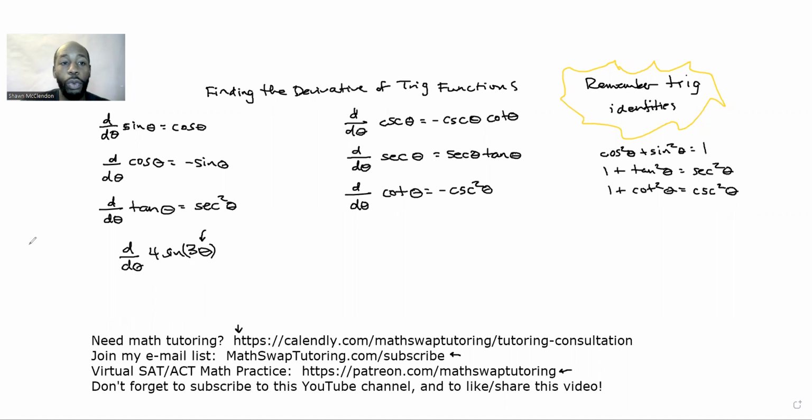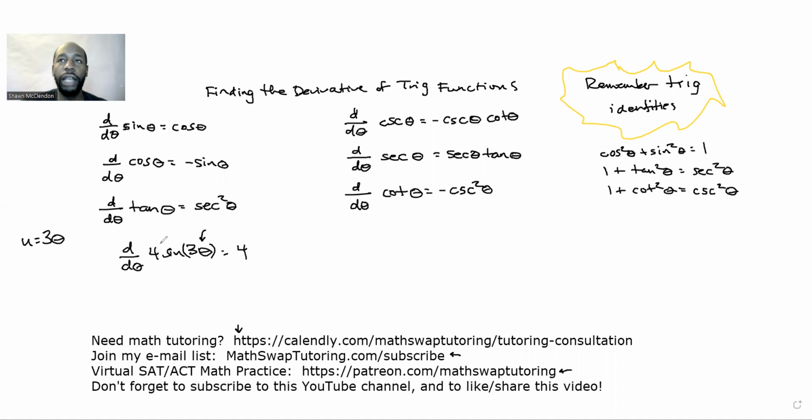If it helps you, you can do like people usually do and just say 3 theta is going to be equal to u. So the derivative of 4 sine u will be 4, and then what's the derivative of sine? Remember that the constant just stays there.